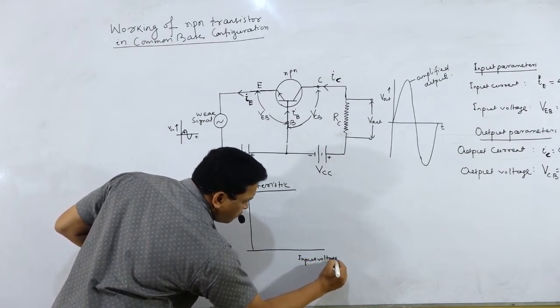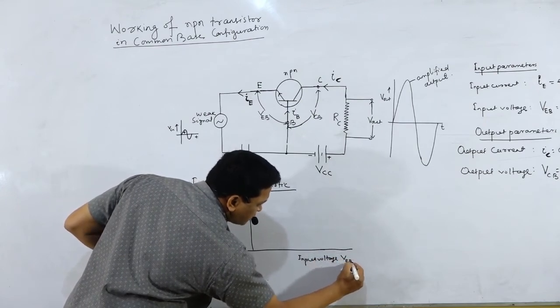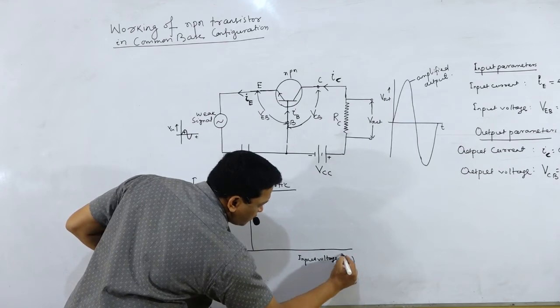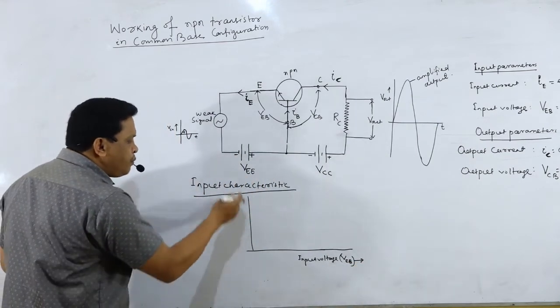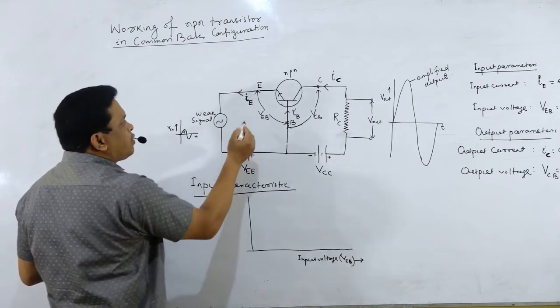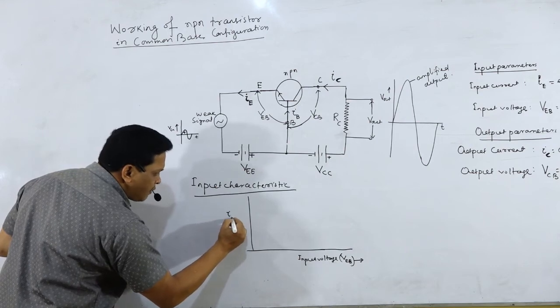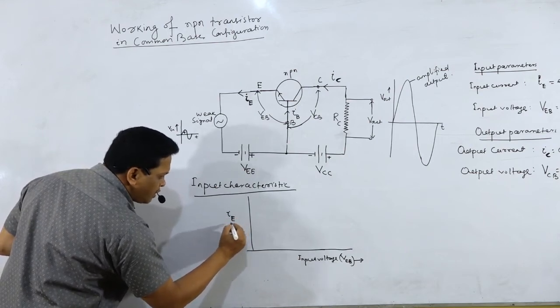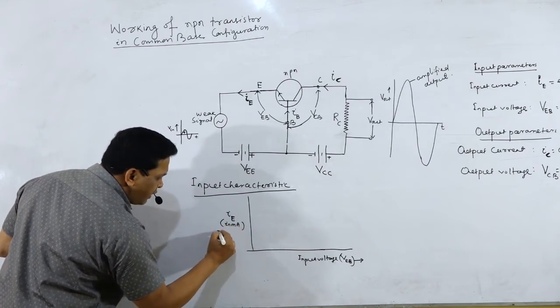Input voltage is the base emitter voltage VEB along the x-axis, and input current. What is input current? Emitter current is the input current, so IE. This is in milliampere.